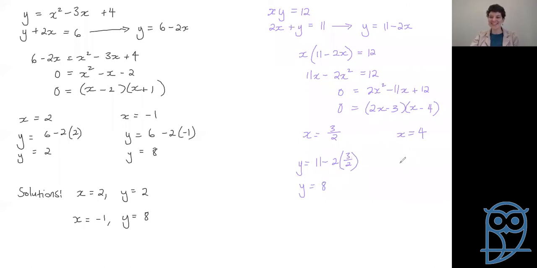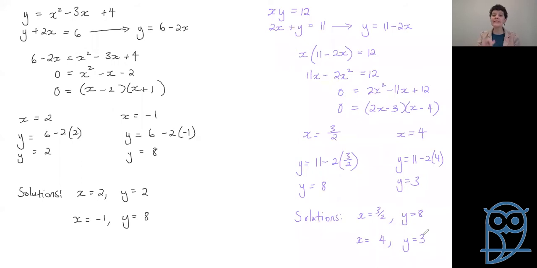And y equals 11 minus 2 times 4, 11 minus 8, y equals 3. So this question was all about those 3's and 8's. The solutions: we would have x equals 3 over 2, y equals 8, and x equals 4, y equals 3.